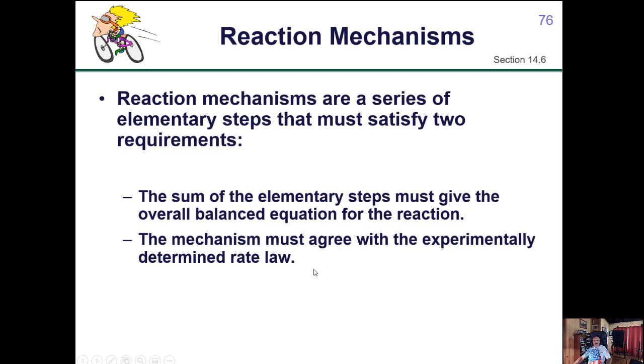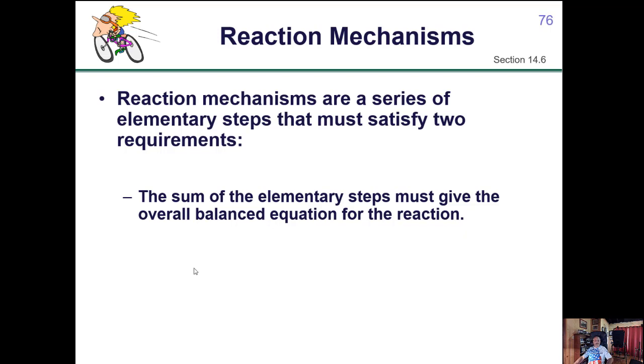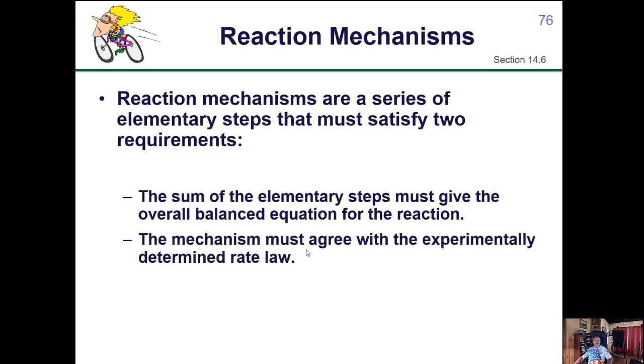The mechanism has to agree with the experimentally determined rate law. And I would remind you that the rate of an elementary step is dependent on its molecularity. Second criteria is that the mechanism must agree with the experimentally determined rate law.